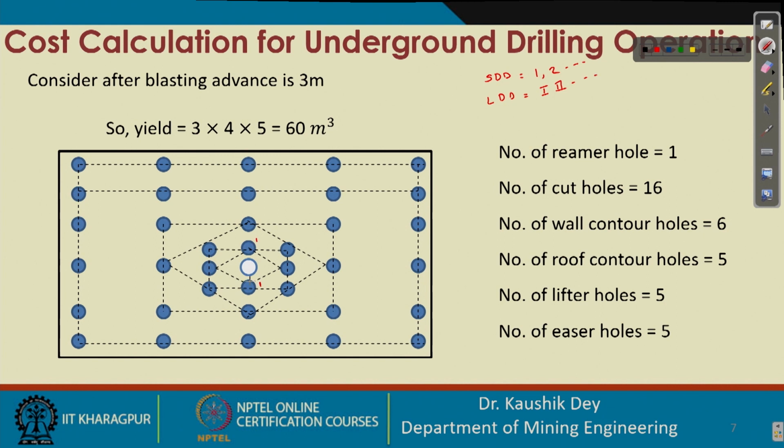In this case we give short delay 1 to this, 2 to this, and then 3, 3, 3, 3, and we continue the same system, 4, 4, then 5, 5, 6, 6, 7, 7, 8, 8.